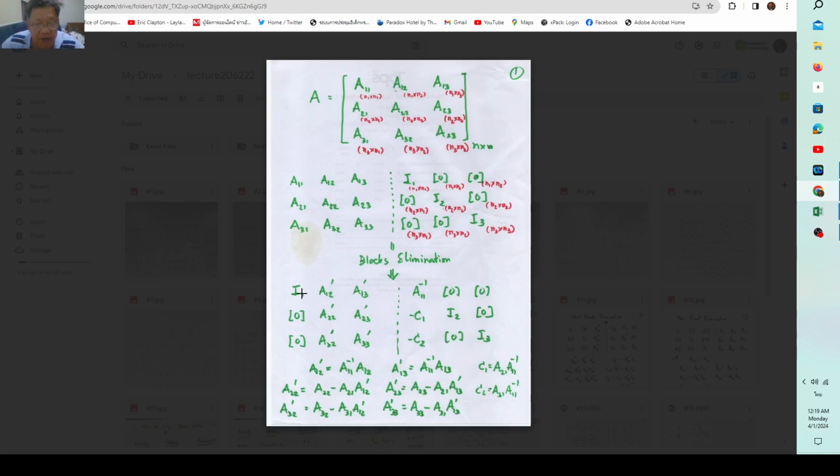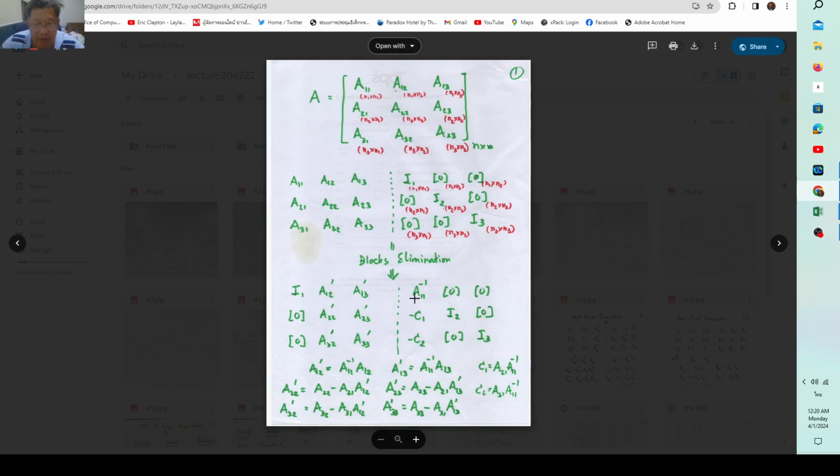And A31 times I1, and then subtract from A31 becomes the 0 matrix. And A31 multiplied by A12 prime, subtracted from A32, becomes A32 prime. And A31 multiplied by A13 prime and subtracted from A33 becomes A33 prime, right? So this one you get A32 prime and A33 prime.